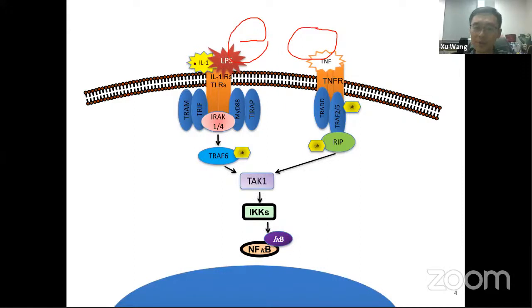Of course, LPS and TNF can activate the NF-κB signaling pathway. This is a very strong inflammatory pathway, and its activation leads to the production of a lot of pro-inflammatory cytokines and chemokines. Then this will cause a proper inflammation, and this inflammation can kill the invading pathogens.